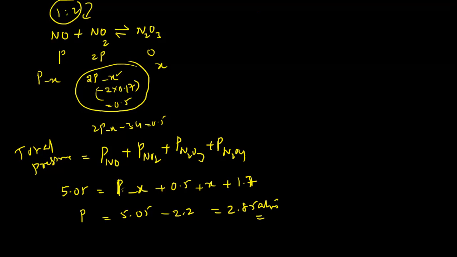But we know that 2P minus X minus 3.4 is equal to 0.5.